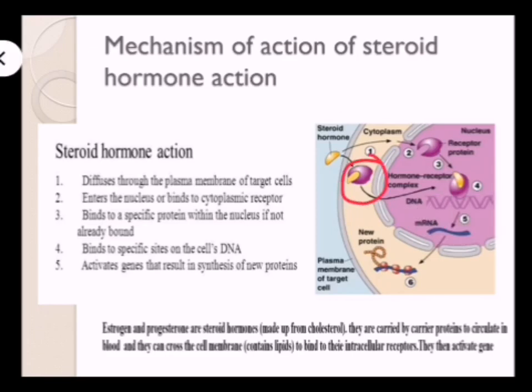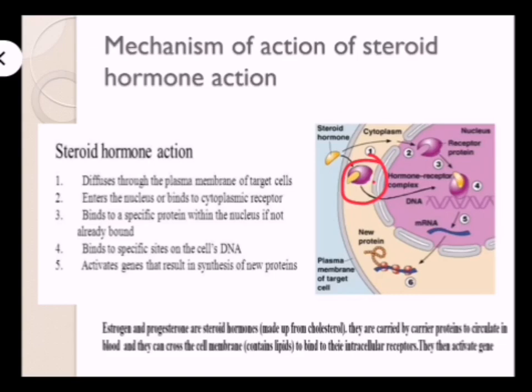The receptor of the steroid hormone is found in the cytoplasm. Now this complex, composed of the receptor and the hormone, can bind to DNA, and this activates the synthesis of new proteins. So this will initiate transcription and translation.